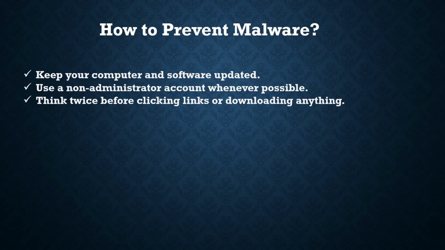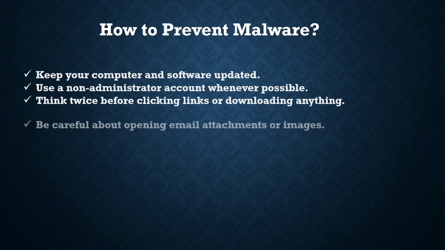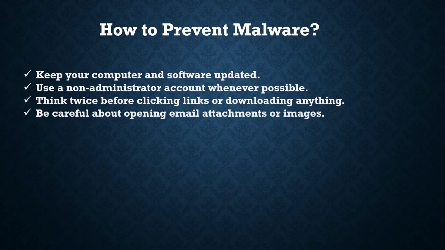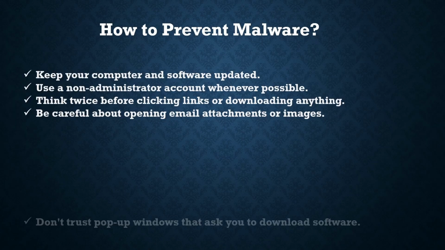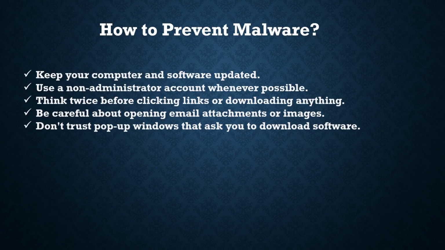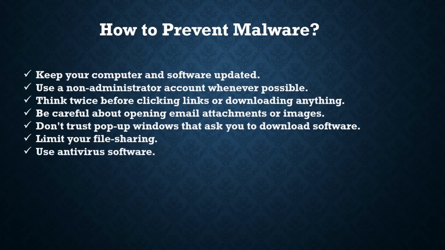Think before you click. Next is be careful about opening email attachments or images. Next is don't trust pop-up windows that ask you to download software. Very important tip. Limit your file sharing and use antivirus software. So these are the tips to prevent malware.